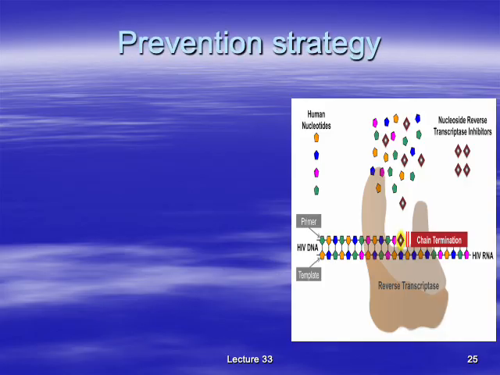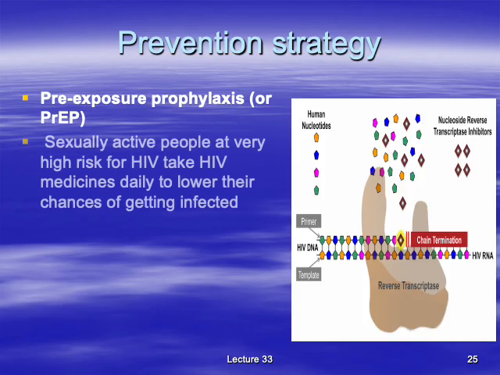In terms of prevention, one that's fairly new since about 2013, I believe, is called PrEP, or pre-exposure prophylaxis. What this is, is for people that have a very high risk of getting infected by HIV.